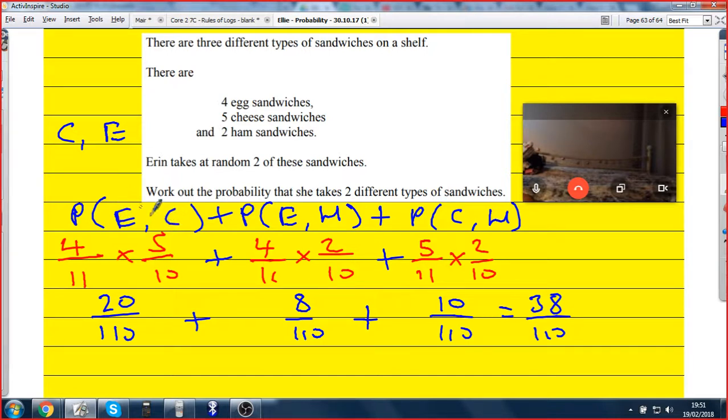You could also take cheese then egg. So if you take first egg then ham, or you first take ham then egg, or you first take cheese and ham, then you first take ham then cheese. So they're different things, but they're still successful. So any idea what that tells you about your final answer?